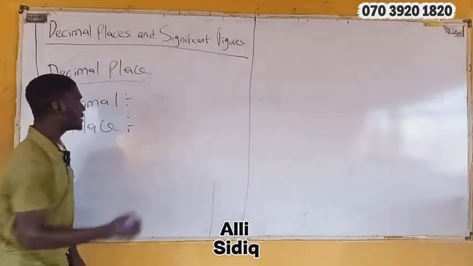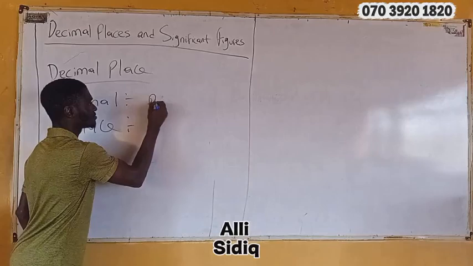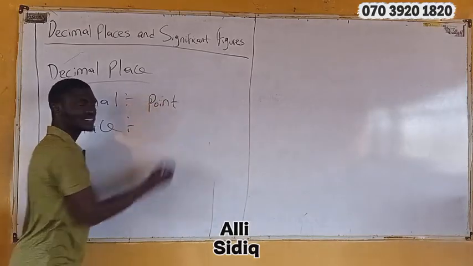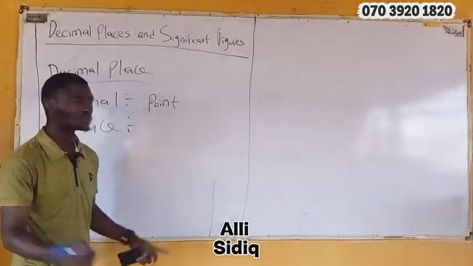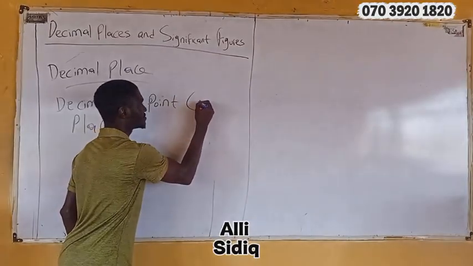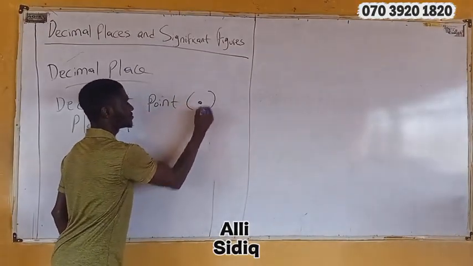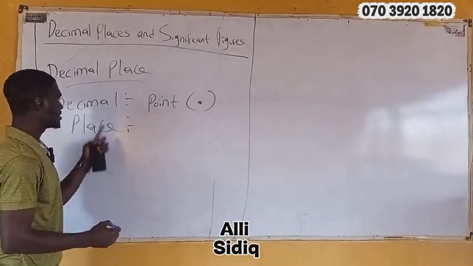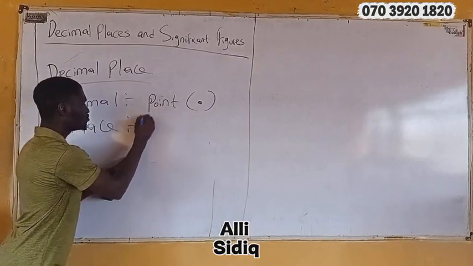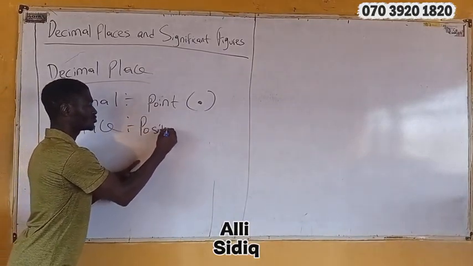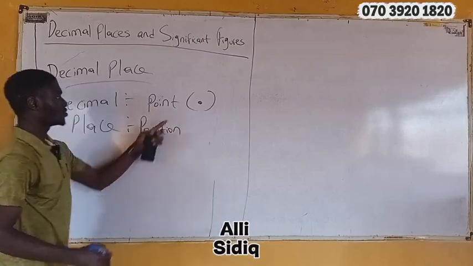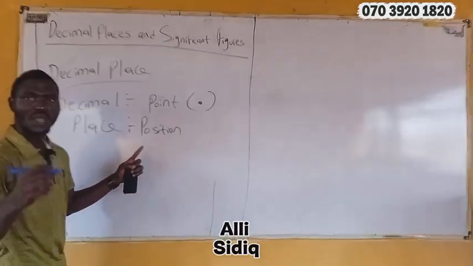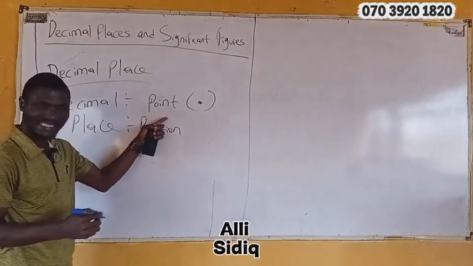Decimal is just simply a point, usually denoted as this. Why place? The word place refers to position. So now we are referring to the position of the decimal.